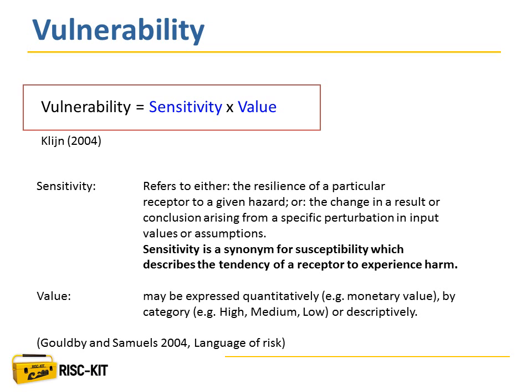So sensitivity is the measure in which a receptor will experience harm. And the value can be quantified in terms of monetary amounts, but it can also be done qualitatively, high, medium, or low.